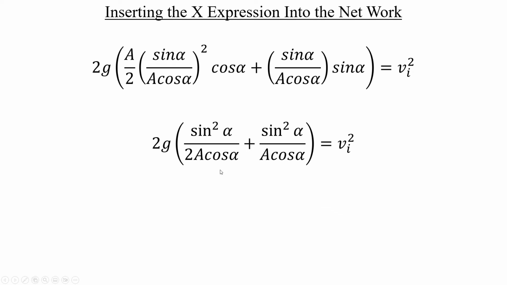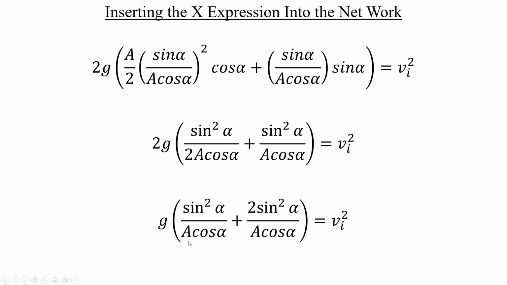We can get a common denominator between these two terms here if we distribute the 2 inside. Notice that the 2 in the denominator is now gone in this first term, and the second term just becomes twice as big. But that's okay, because they share the same denominator. So let's go ahead and join those together.